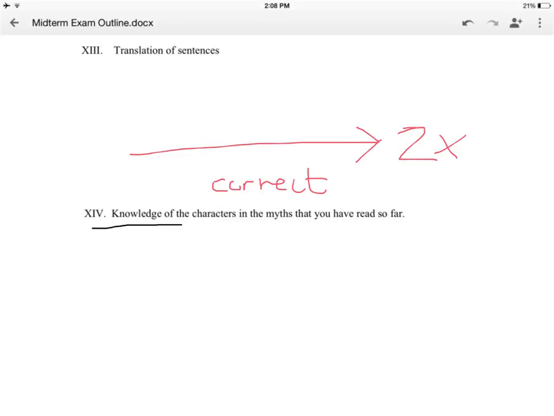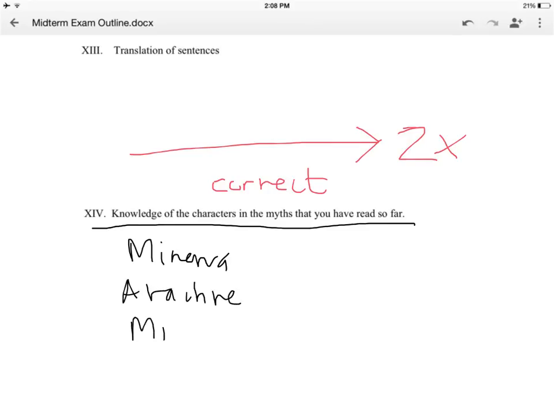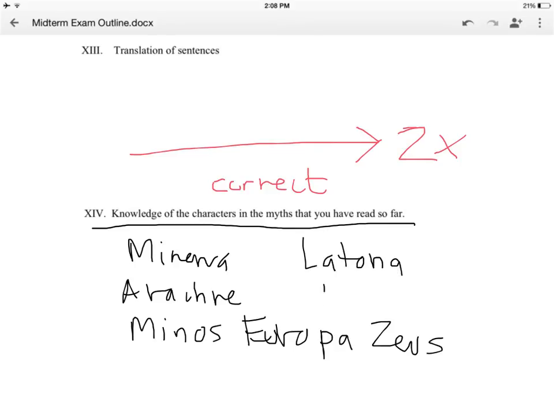Point number 14 is you have to have knowledge of the characters in the myths that you've read so far. So the book gives you nice little introductions for all the characters: Minerva and Arachne, King Minos on Crete, that's the son of Europa, and Europa is stolen by Zeus, and you know Latona and Niobe, and you know Apollo and his sister Diana.